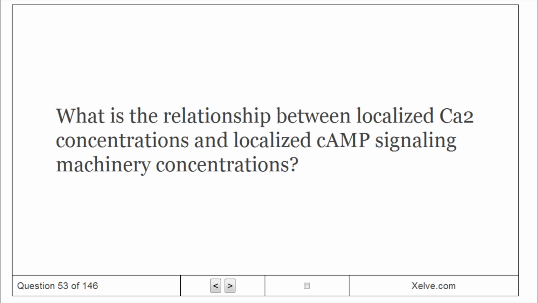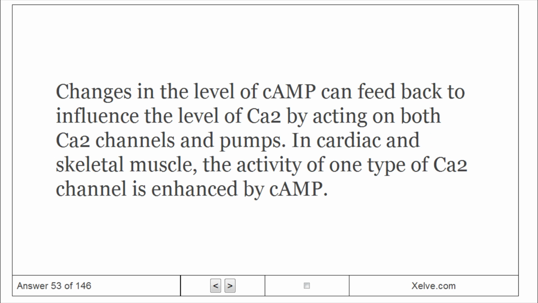Machinery concentrations. Changes in the level of cAMP can feed back to influence the level of Ca2+ by acting on both Ca2+ channels and pumps. In cardiac and skeletal muscle, the activity of one type of Ca2+ channel is enhanced by cAMP.